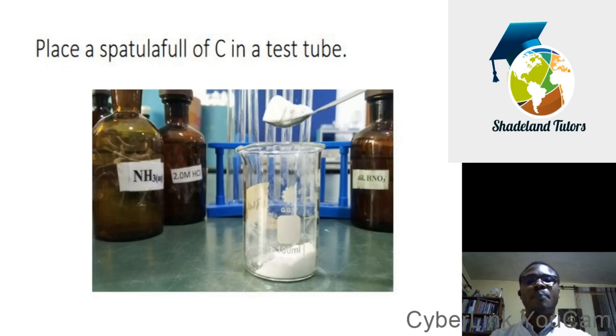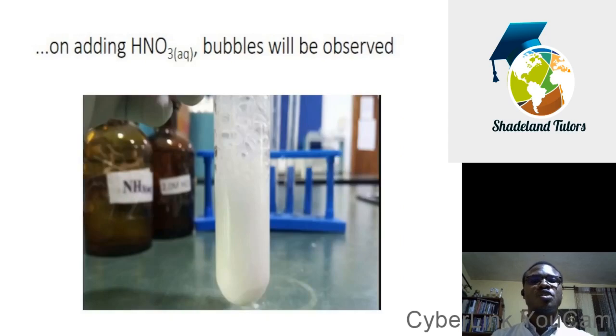So place a spatula full of C in a test tube, then add trioxonitrate(V) acid. I don't know if you can see the picture there, but on adding trioxonitrate(V) acid, bubbles would be observed. And of course, what do we report in this case?